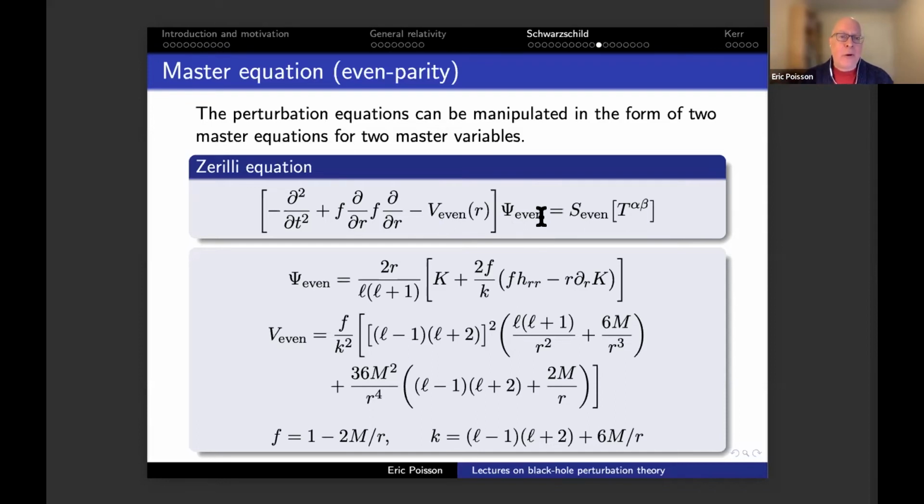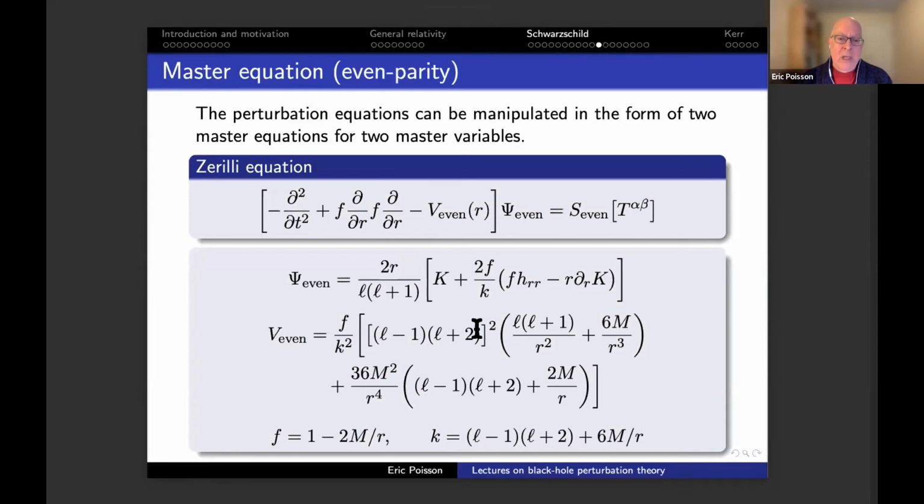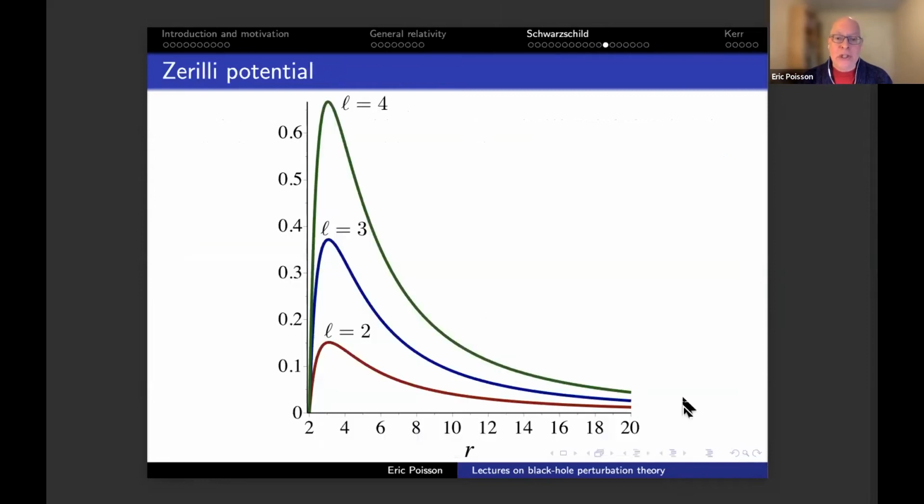That becomes very efficient and very useful. You can do it for the even parity sector. That's a picture of the potential that I was describing. It's a localized potential that goes to 0 at infinity and goes to 0 on the event horizon.